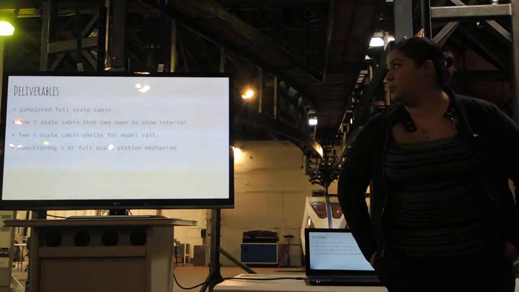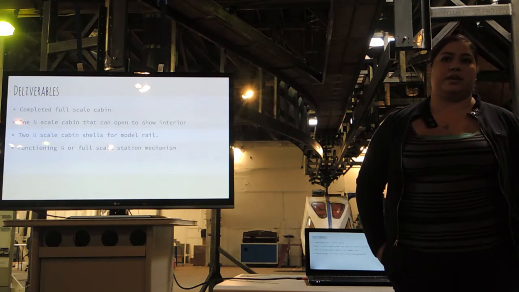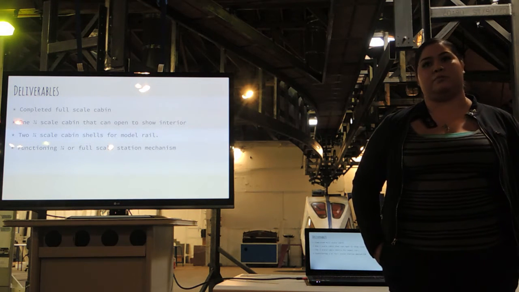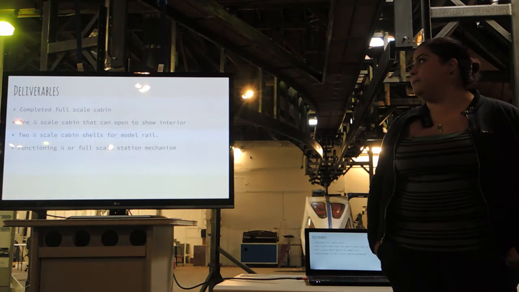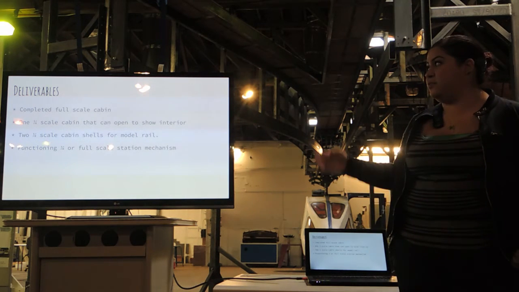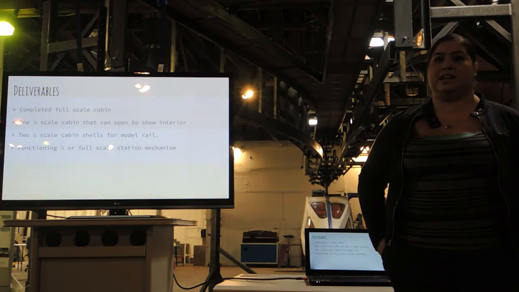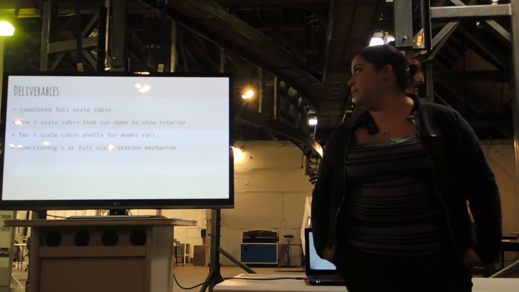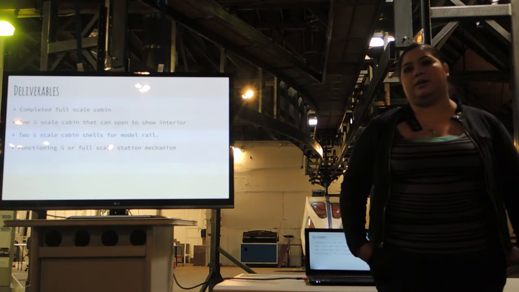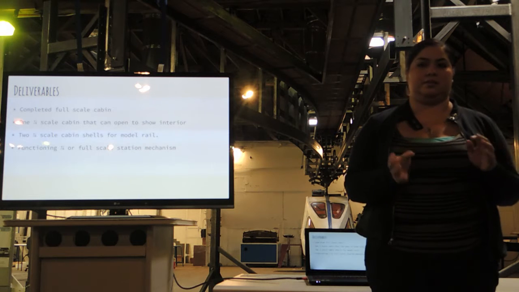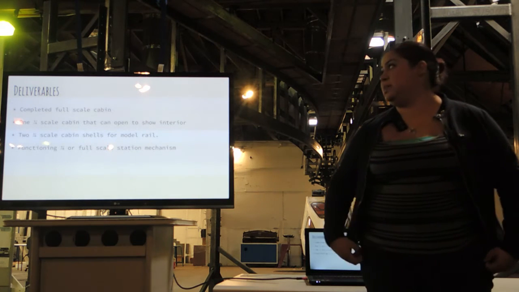And so for deliverables, we need to complete the full scale cabin so that we can show it at the Makers Fair, and when guests come in, we have a full scale that's completed and looks nice. There's also the 1/4 scale cabin, which can show the interior. So basically it's going to be maybe half or the full thing, so that people can visualize what they're going to be sitting in.